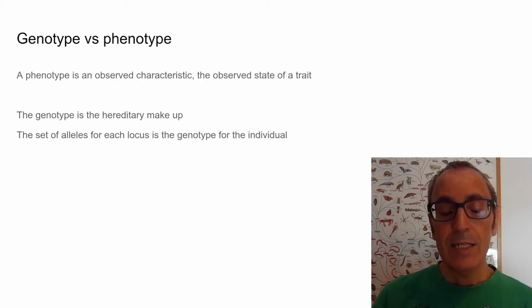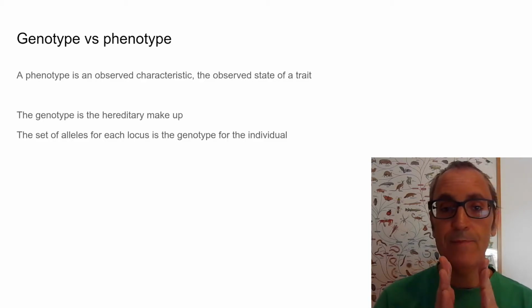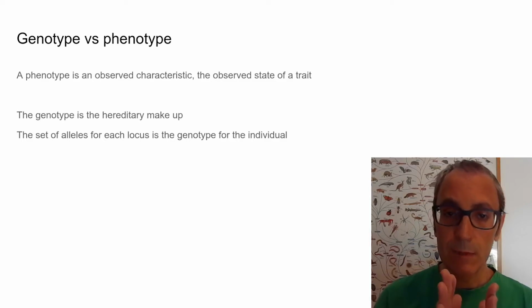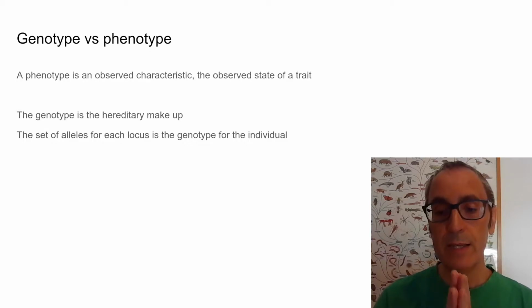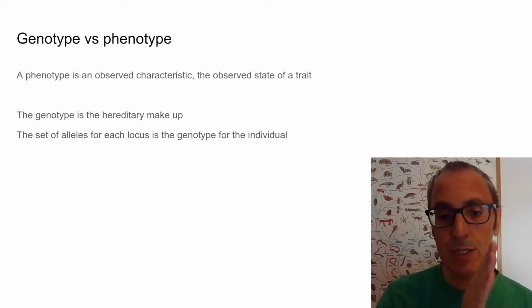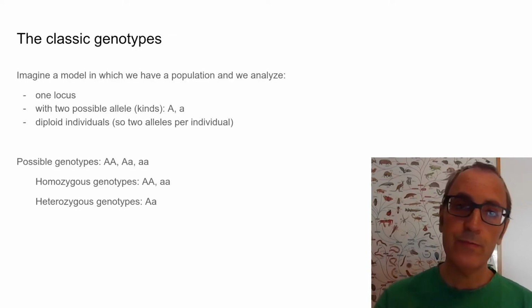And the genotype is the hereditary makeup. In the case of markers, the set of alleles for one individual for a set of loci, that would be the genotype. So for each locus, which are the alleles for that individual, that is the genotype.